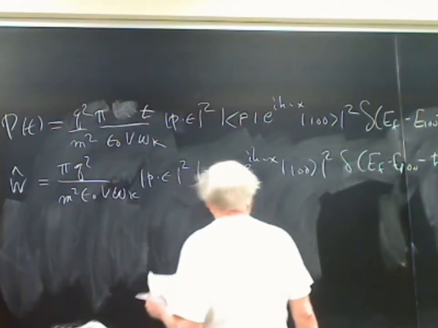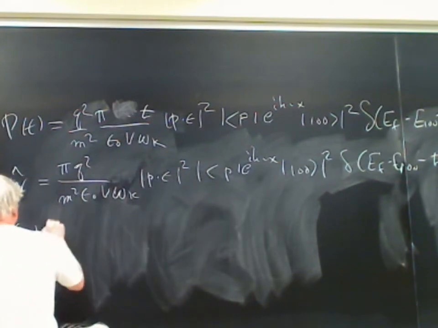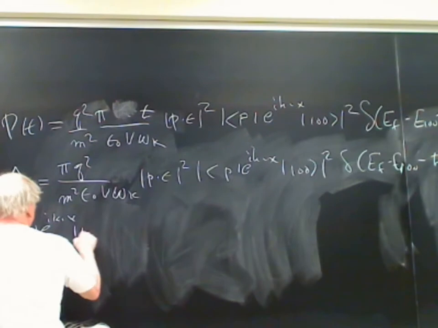Okay, so what we've got then is to calculate this matrix element, ⟨p|e^{ik·x}|100⟩.